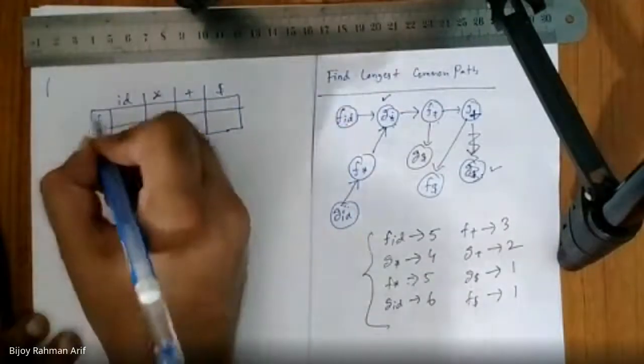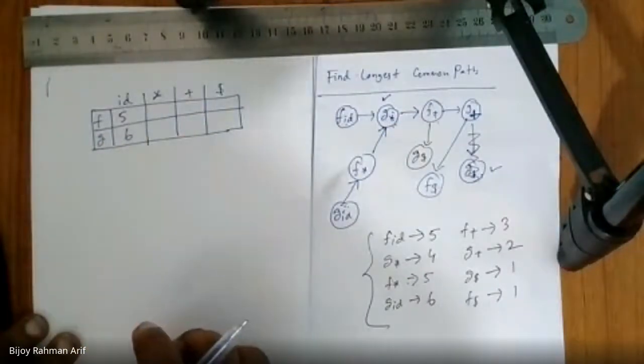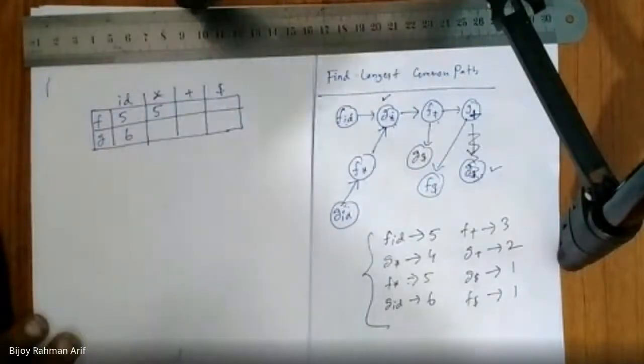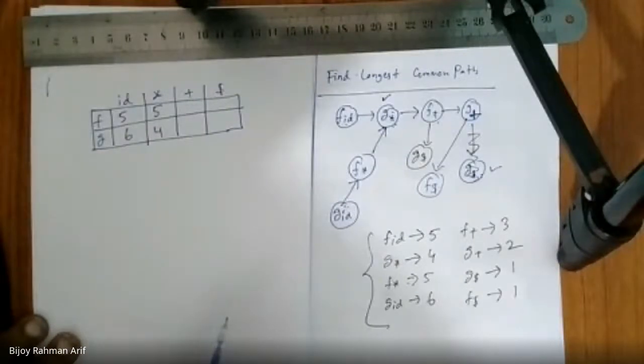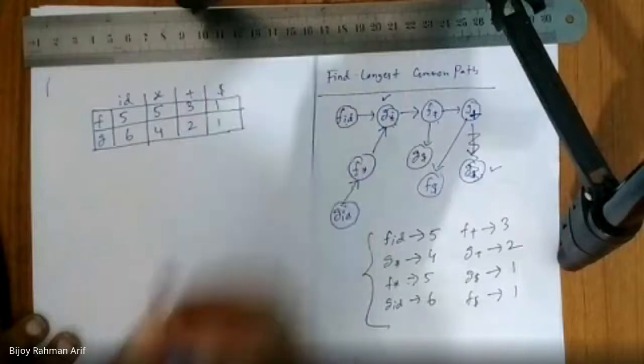FID has 5, GID has 6, F star has 5, G star has 4, F plus has 3, G dollar has 1.